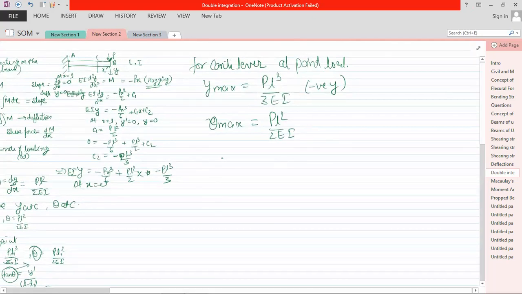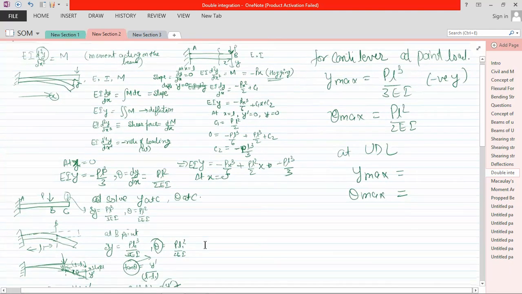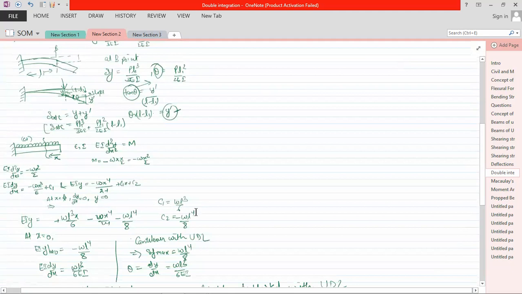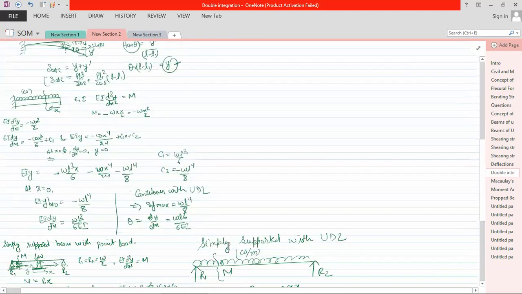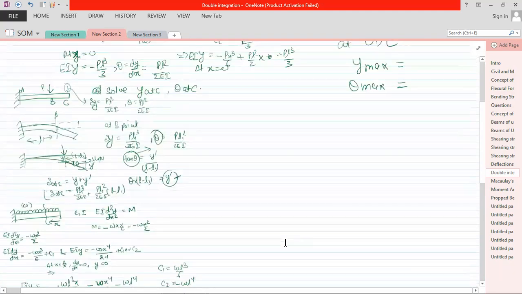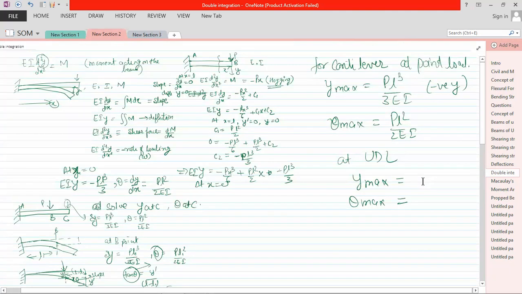Now cantilever with UDL, you get y maximum and theta maximum equal to WL to the power 4 by 8 EI and WL cube by 6 EI.